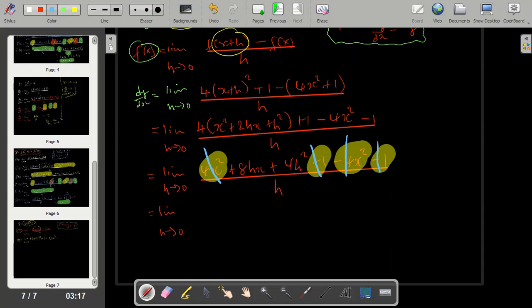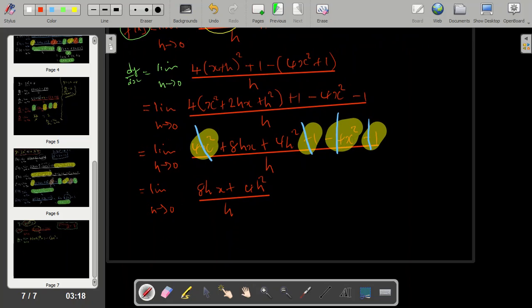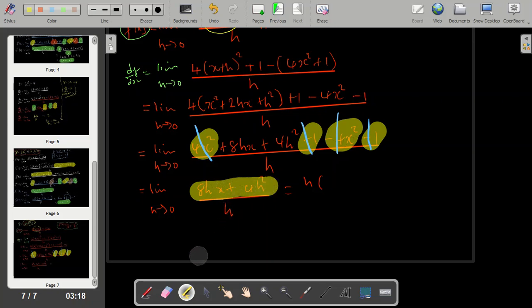At the end of the day, we remain with 8hx plus 4h squared, everything divided by h. The next thing we do is factorize h, hopefully you are able to see that this h is common there.